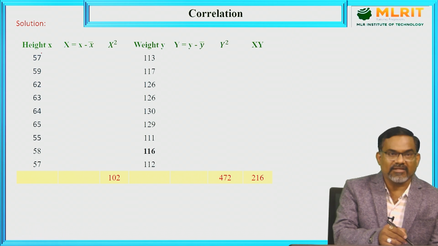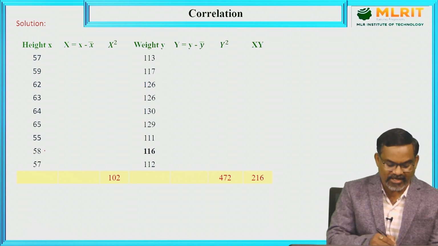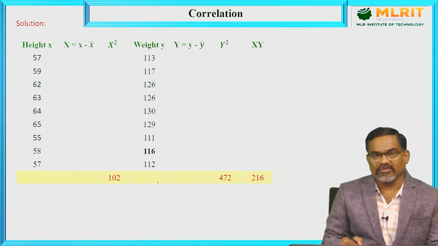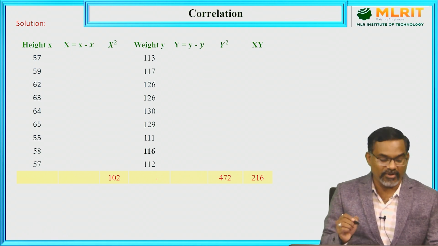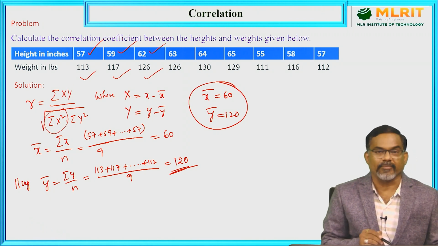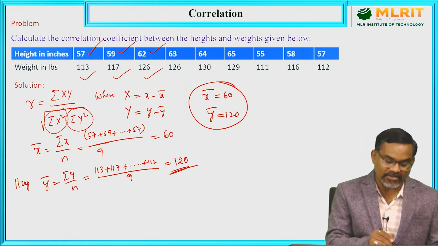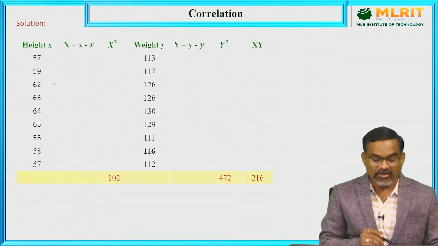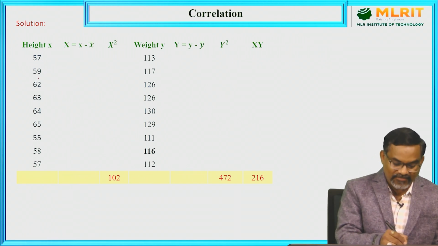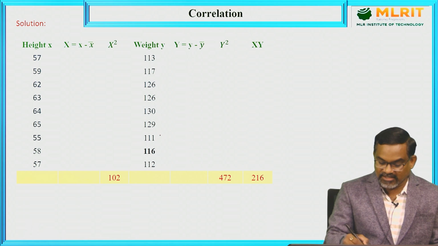So these are the values of x, height x, 57, 59 and so on. And these are the values of weight, y values. Actually what we require in the formula, we need sigma x square, sigma y square, sigma xy. So we don't need this sigma. Height small x is given here, weight small y is given here.